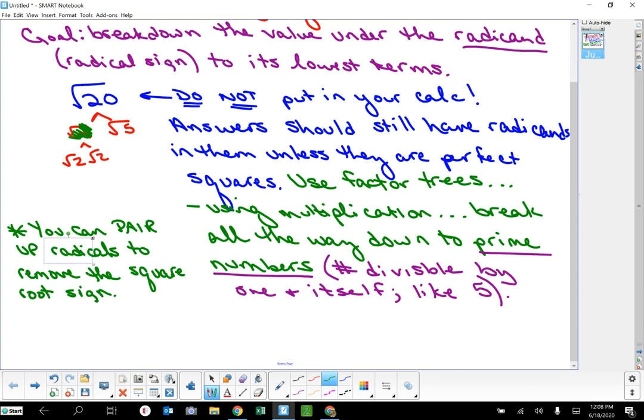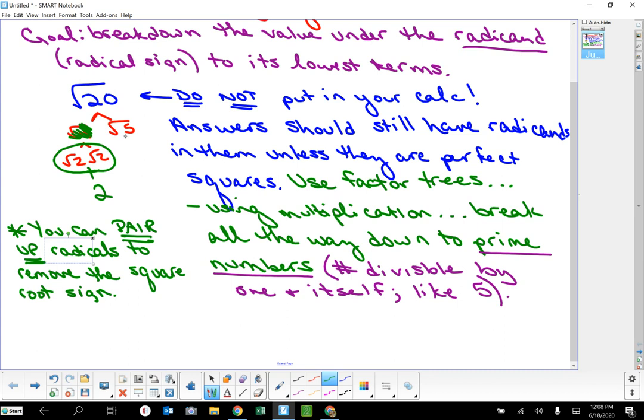So here's what I mean by that. A radical 2 and a radical 2 is a pair of rad 2s, and they create just a 2 with no radical. So you can pair them up, which means 2 sets of radicals, to remove the square root. So you get the value without the radical. It needs a buddy to get out of jail, so to speak.